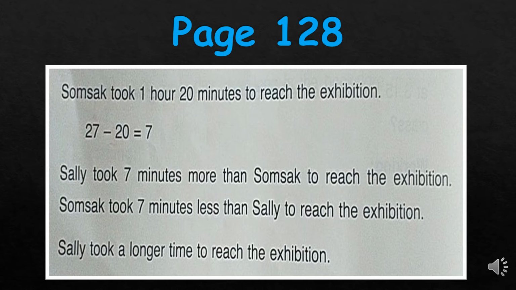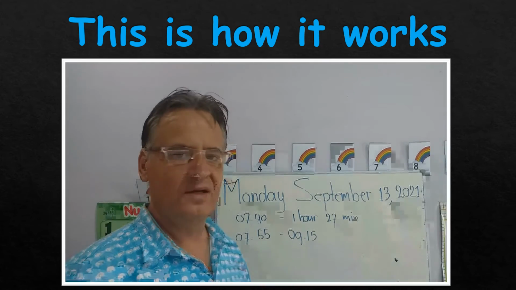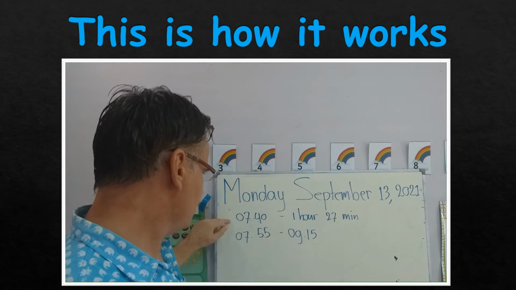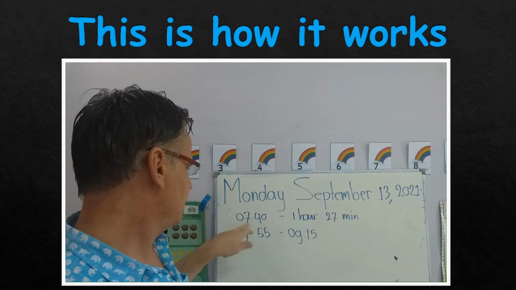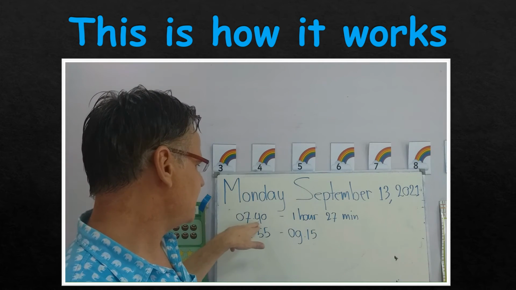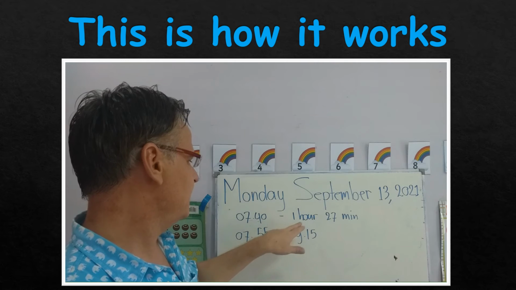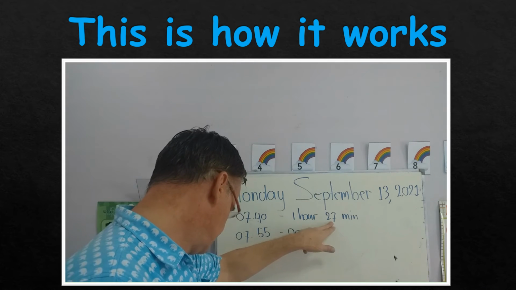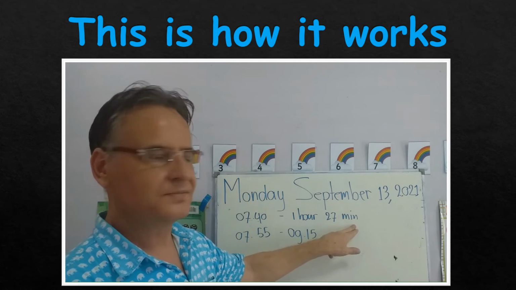Okay, let me explain to you one more time. So let's have another look at that. We know Sally left home at 7:40 and it took her 1 hour and 27 minutes to reach the exhibition.